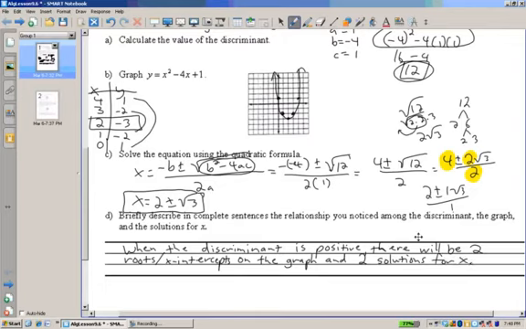And of course, that's true for the real number system. That's the system that we deal with in Algebra 1. So when the discriminant is positive, we have 2 x-intercepts, or you could call those roots. We have 2 solutions to the quadratic equation, or actually to the equation itself.